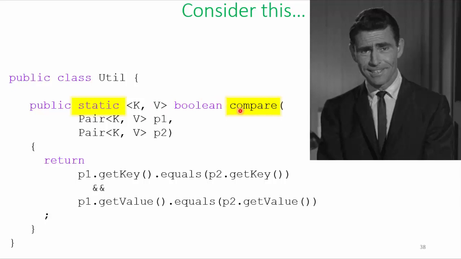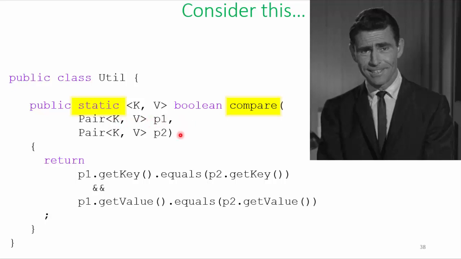So we take two type parameters K and V, and then we take as parameters of the method itself p1, whose data type is Pair of K and V, and p2, whose data type is Pair of K and V as well. Okay, so given the type parameters, you realize that you can compare with this method potentially any sort of pair of whatever data type K, whatever data type V.